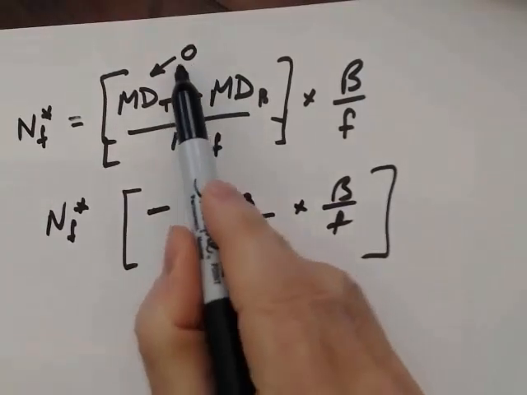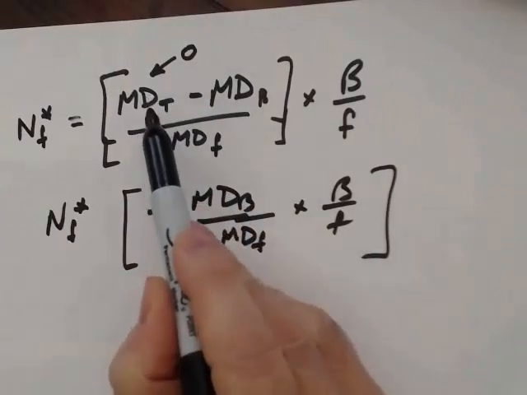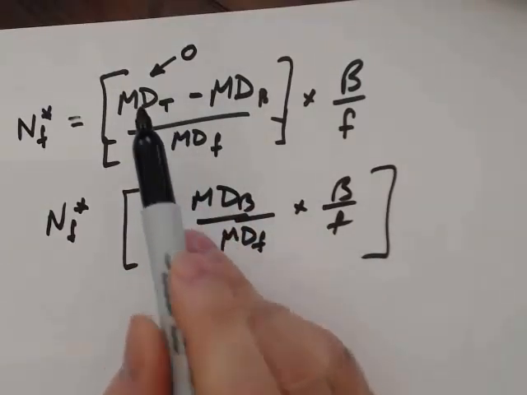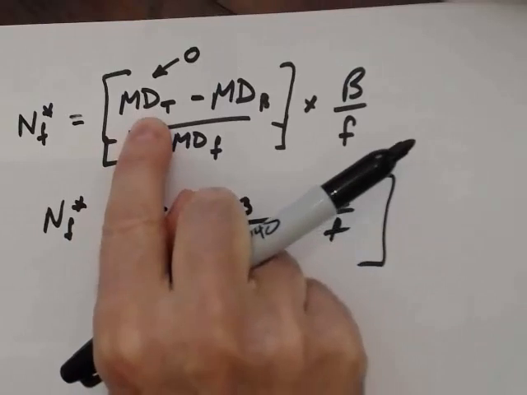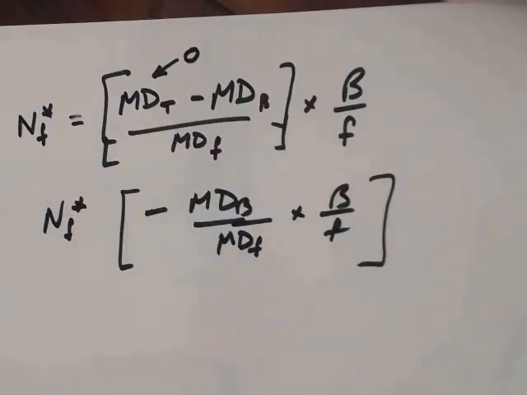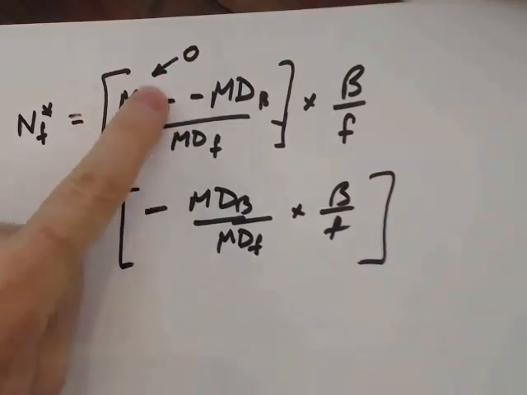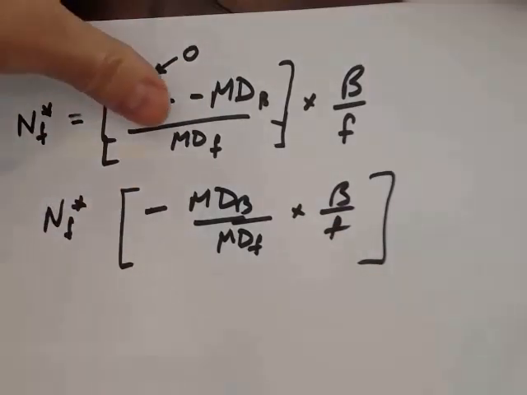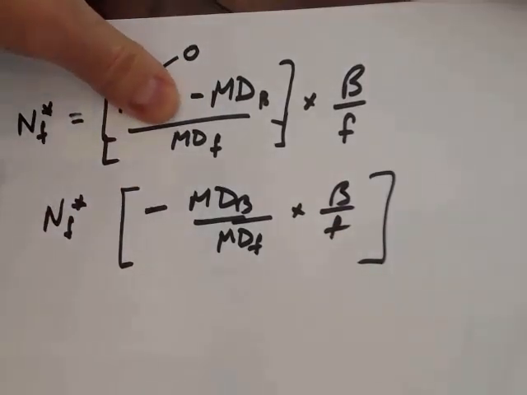We implicitly had a 0 here because we had a target of a 0 beta, or 0 modified duration. We didn't want any gain or loss associated with a change in interest rates. We wanted to completely eliminate interest rate risk. So we implicitly had a 0. Well, when you put a 0 here, it just kind of goes away, right?